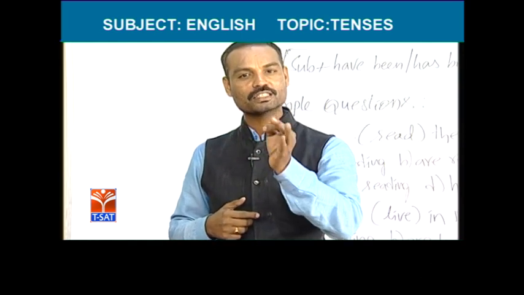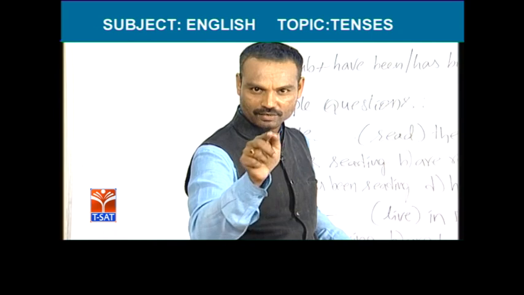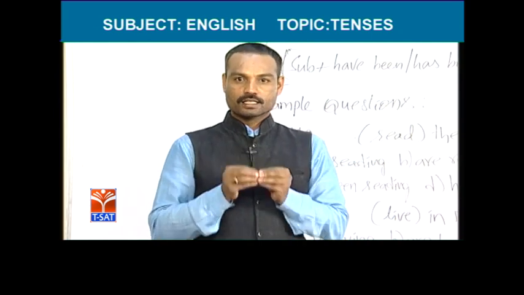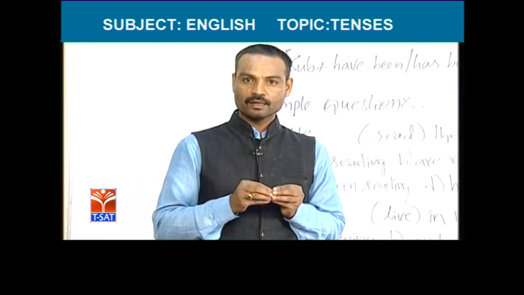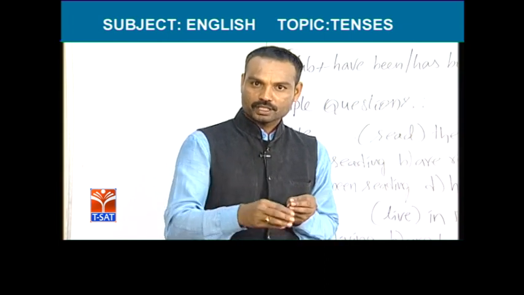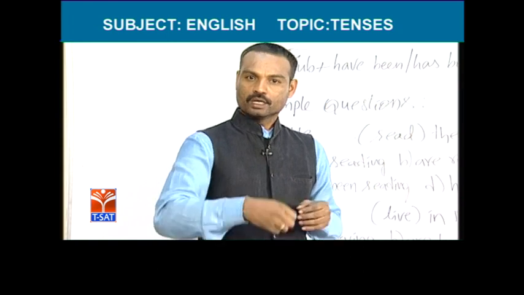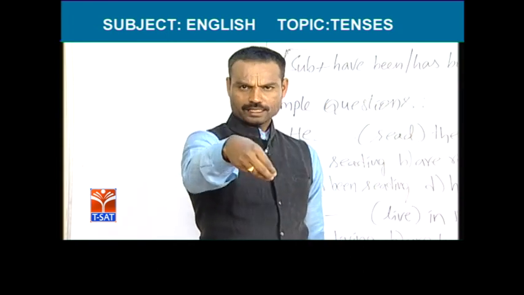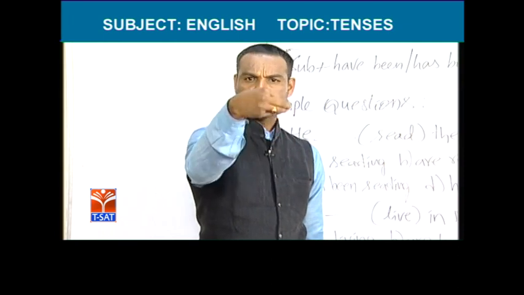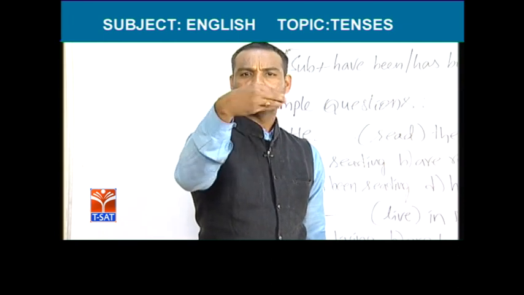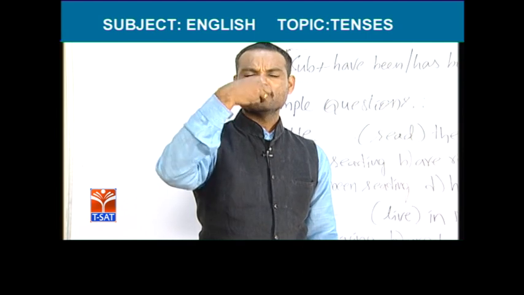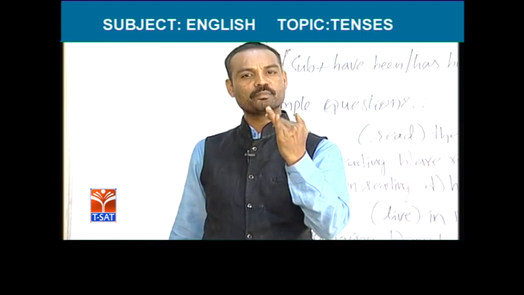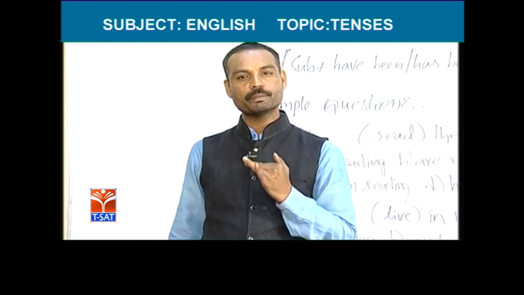No. Who told you that past means just 1 second ago, whatever you did, even that is also called past. So simple past is used to tell the works completed just 10 seconds ago, or 10 minutes ago, or 1 hour ago, or yesterday, day before yesterday, last week, last month, last year. Whatever you completed in the past, we should use simple past.